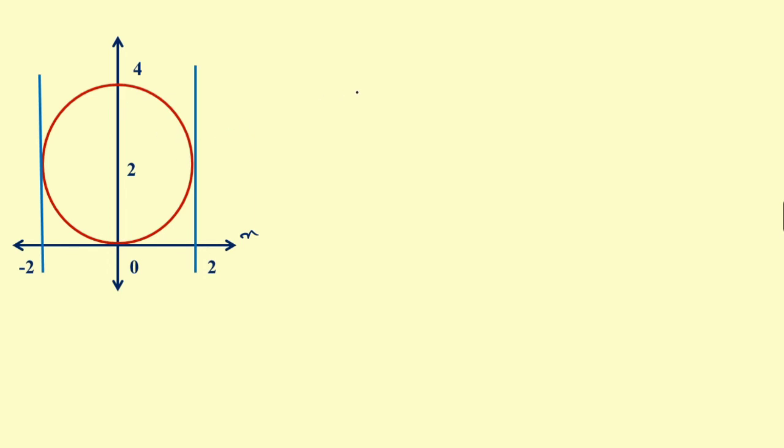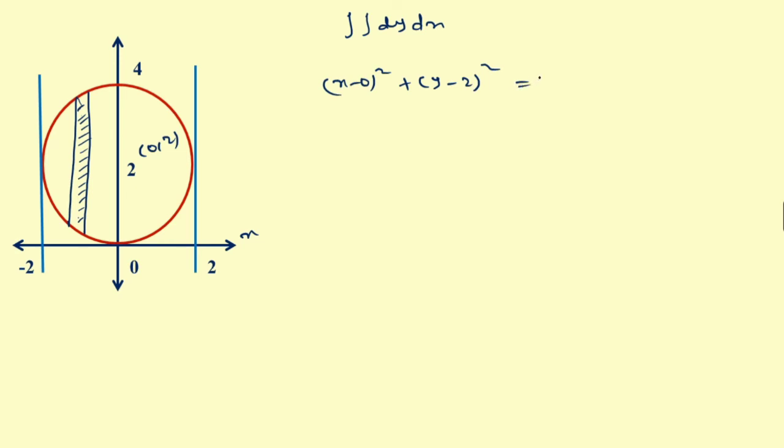Okay, now start with the order of integration dy dx. Double integral dy dx. As usual we are taking a vertical strip. So what is the equation of the circle? Here the center is (0, 2). That is, x minus 0 whole square plus y minus 2 whole square equal to 4.